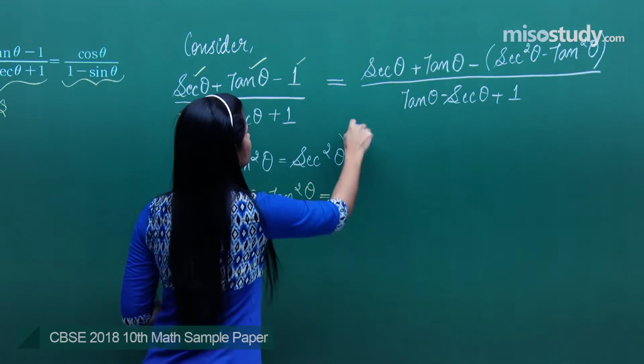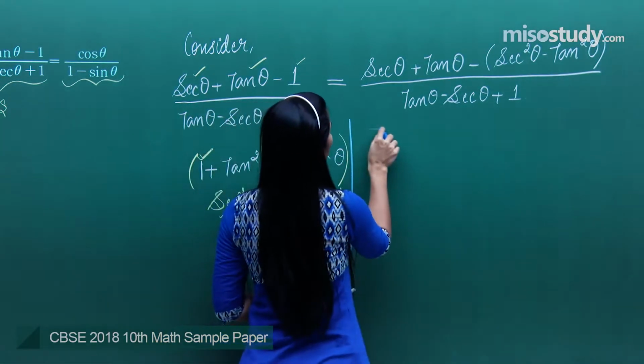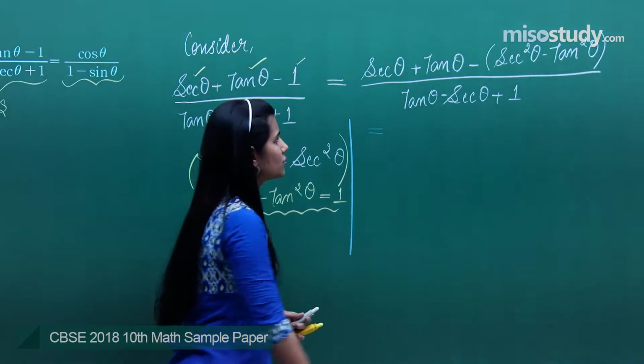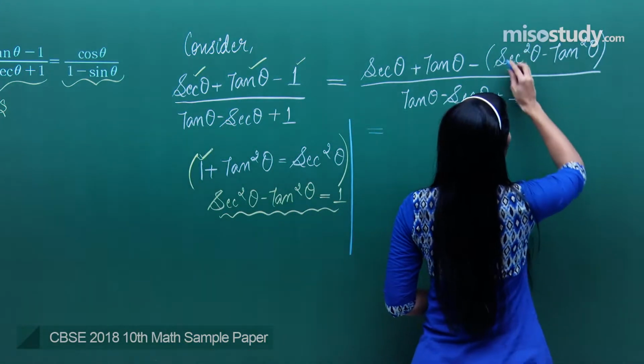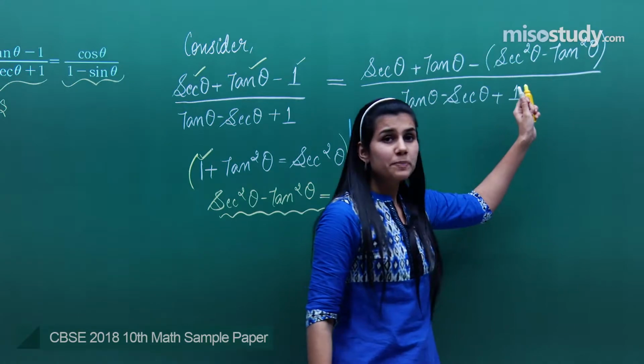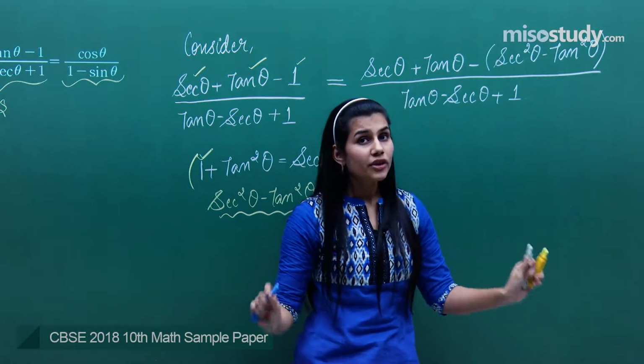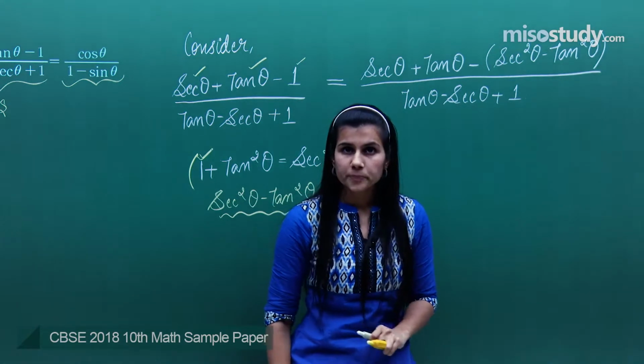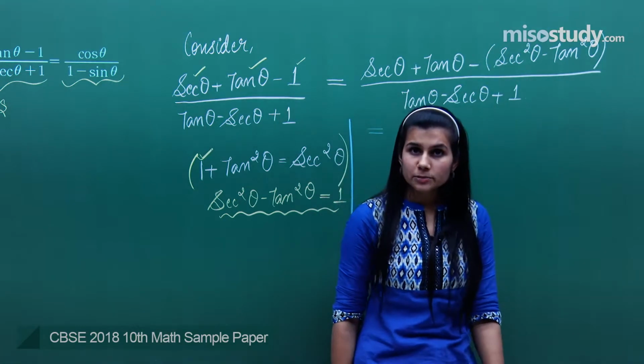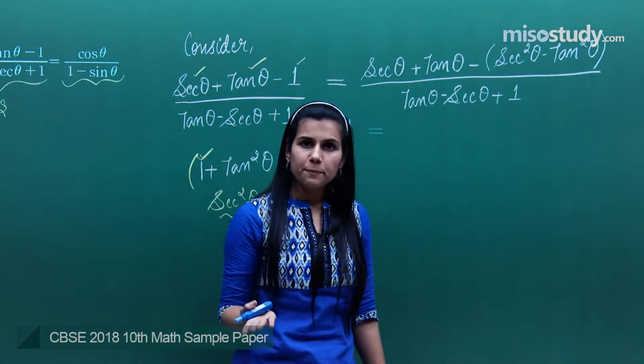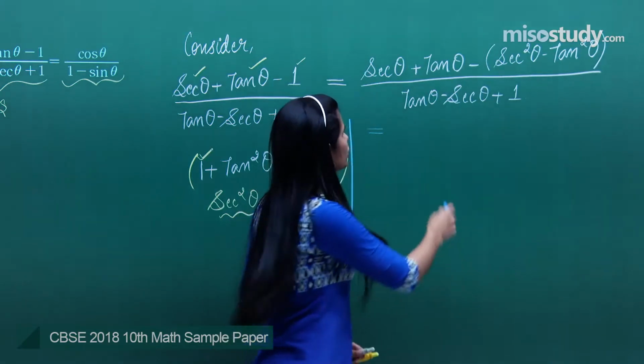Further, if I wish to solve, what am I going to do? Now see, this expression resembles an already present identity that we know: a square minus b square, which is nothing but a plus b into a minus b. So what will this become?